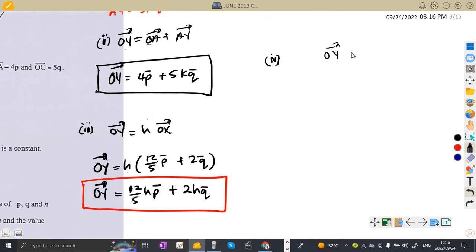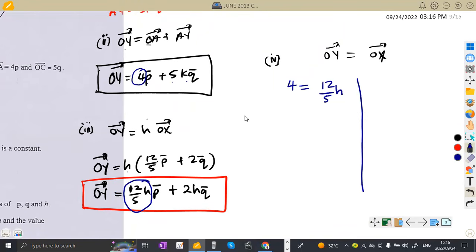So what are you simply doing? You are taking these two vectors that we are given. The first OY is 4P plus 5KQ. They are actually the same, so we simply equate the part that has vector P together. The constant for vector P here is 4, so 4 is equal to the constant on vector P here, which is 12 over 5H.